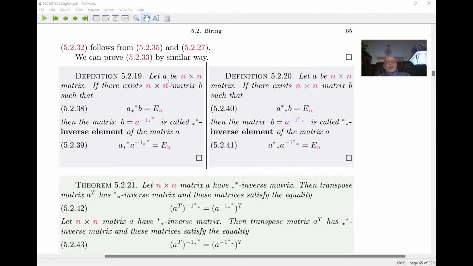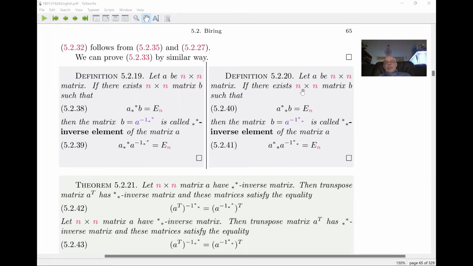Let A be an n times n matrix. If there exists an n times n matrix B such that equality 38 is true, then the matrix B is called the RC inverse element of the matrix A. Similarly, let A be an n times n matrix.